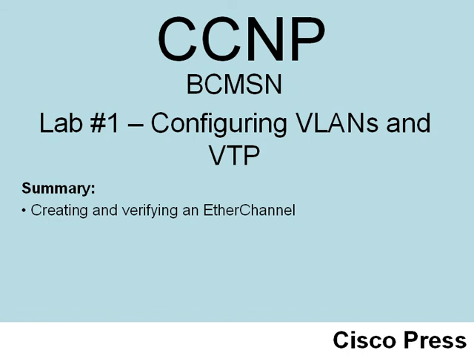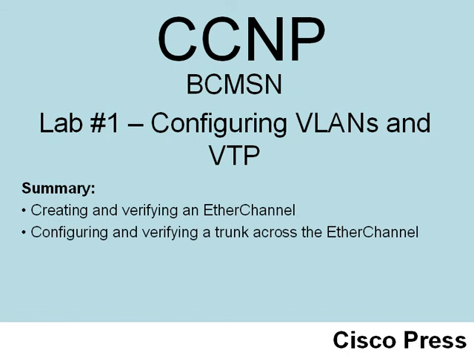Once we had configured and verified our EtherChannel, we then formed an IEEE 802.1Q trunk across the EtherChannel, and a trunk allows us to carry traffic for multiple VLANs. When we created our VLANs, instead of having to create the VLANs on each switch in our topology, we leveraged Cisco's VTP, the VLAN Trunk Protocol.